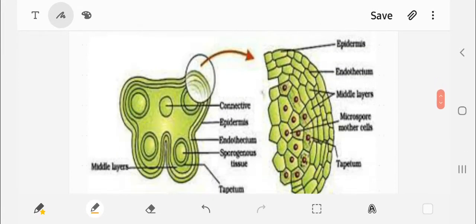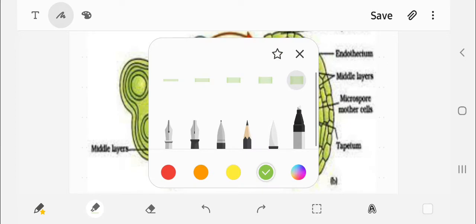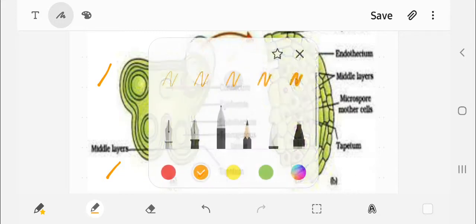In the structure of the microsporangium, you can see that it has four lobes, four corners. And if you get an enlarged view of the microsporangium, then you can see different layers.